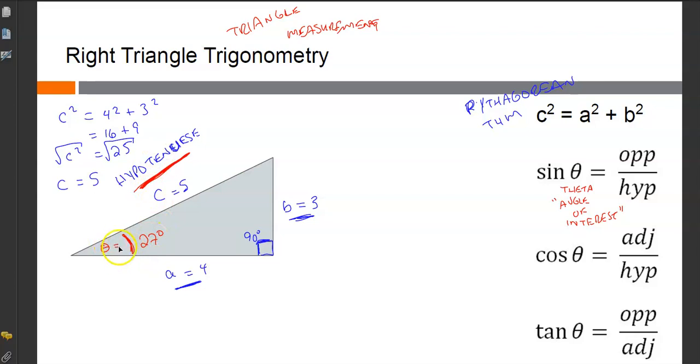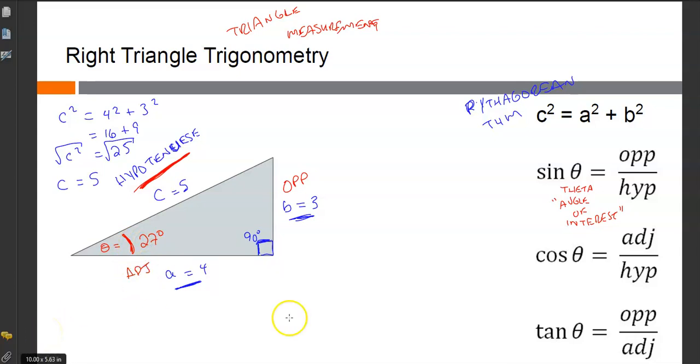If this is the angle of interest, then the opposite is opposite that angle of interest. It's straight across. So I'm going to just put OPP right there for the opposite side. Here's the angle. Opposite that angle is the opposite. And adjacent to it, or right next to it, is the side that we call the adjacent.